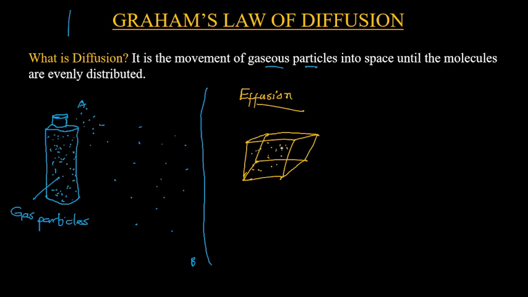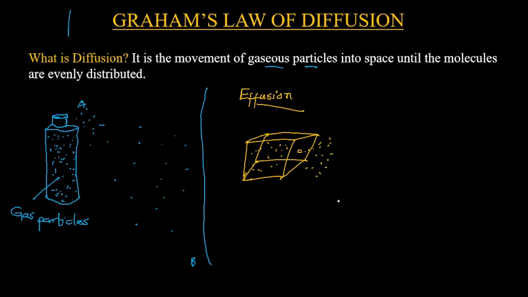Now, when we have a small opening here, where the gas particles move around randomly, kinetic theory of gases will say the gases are in constant motion and then they collide with each other and the walls of their container. So one way or the other, once there is an opening here, these gases will pass through this opening and begin to spread out. Now that process is what is known as effusion.